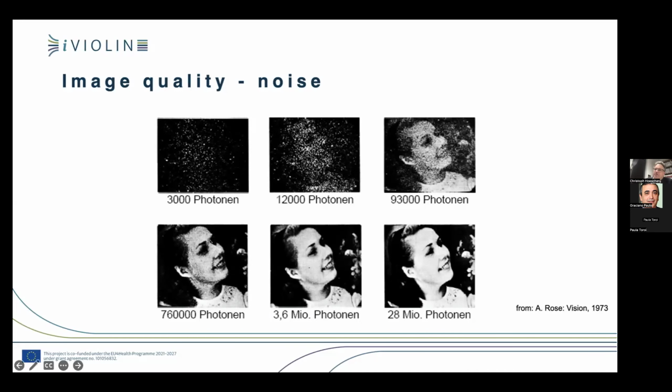Actually, radiologists are working on signal-to-noise ratios in this range here. And they diagnose the one on the right-hand side by that. So they have the image bottom left, and they have to do the diagnosis bottom right. That's what our radiologists are trained to. Quite fantastic.